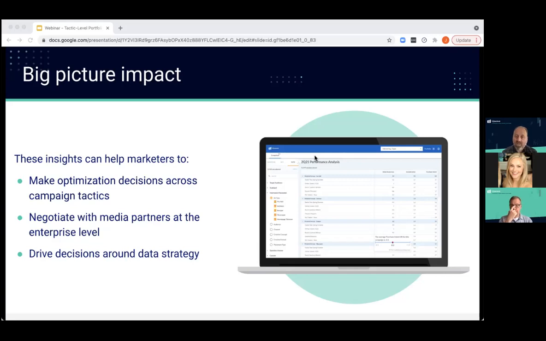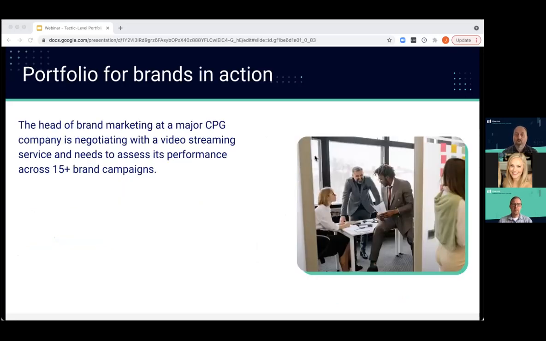Let's take a look at the benefits in a few real-world scenarios. The first one from a brand's perspective. So the head of brand marketing at a major CPG company is negotiating with a video streaming service and needs to assess its performance across dozens of brand campaigns.